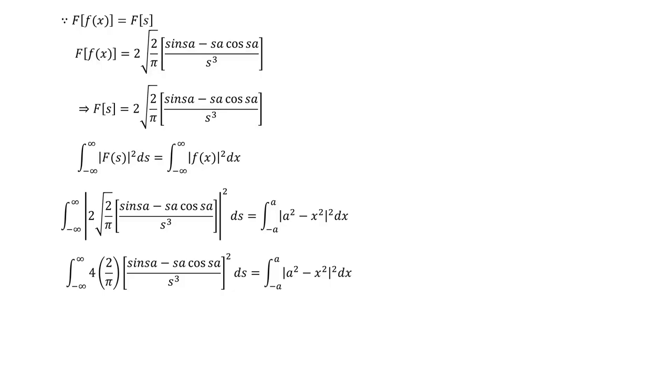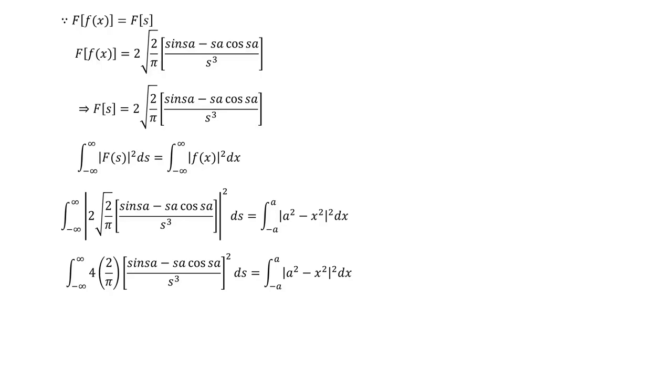After that, we just take the square on that, we get 4 and the square root of 4. So here the modulus of the whole square is again the same function. So the integral over minus infinity to plus infinity, 4 into the square root, and square get cancelled, it is 2 divided by pi, and then sin sa minus sa cos sa by s cube the whole square ds.